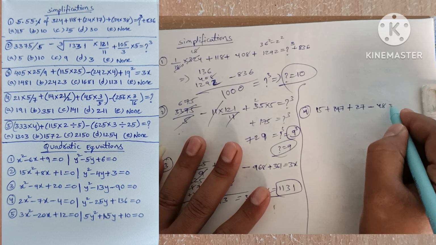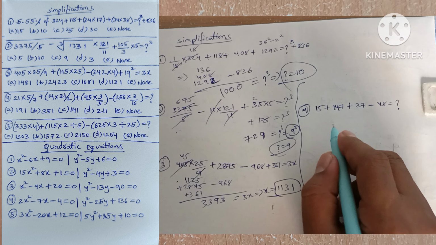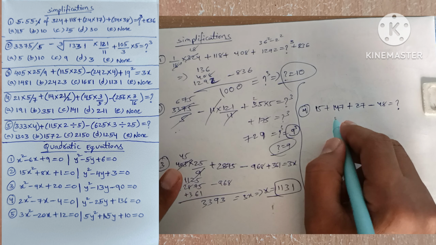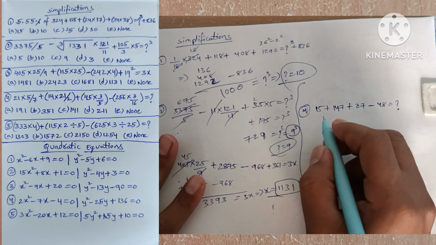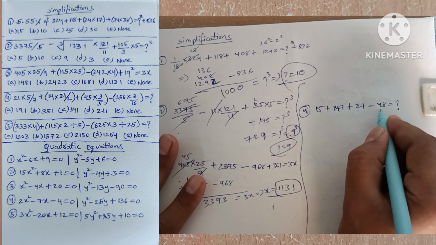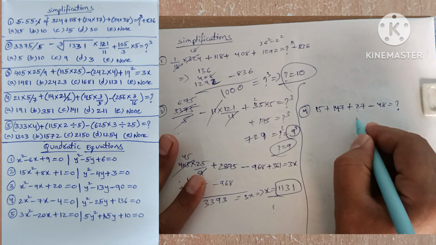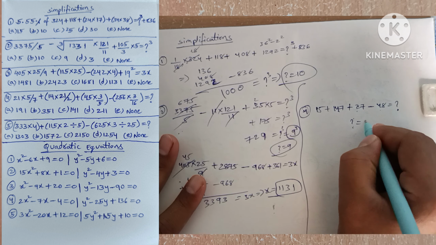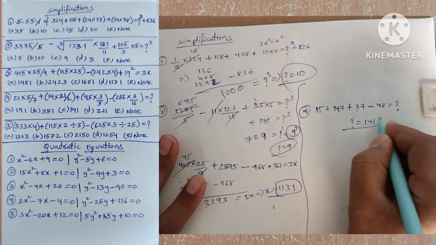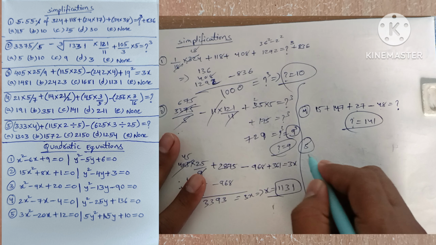This is equals to question mark. Now by taking this we get 8. Therefore, question mark is equals to 141. This is our answer.